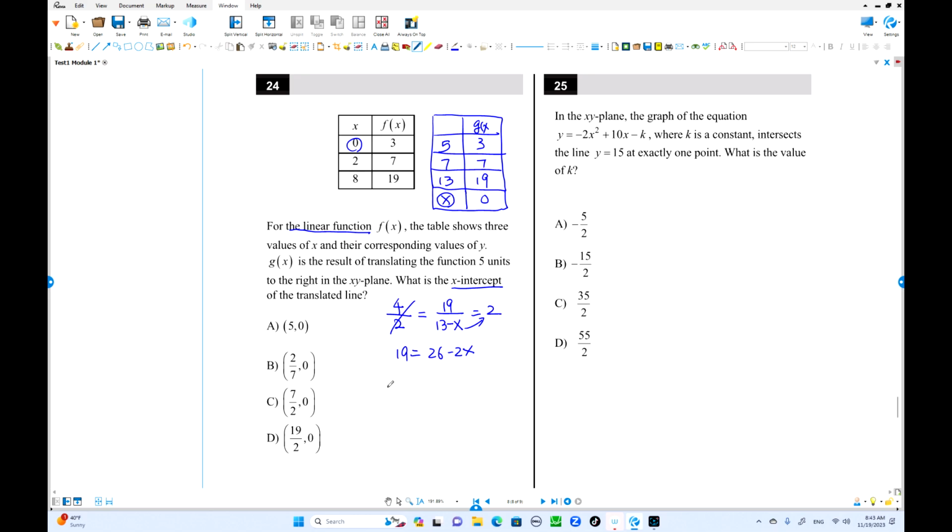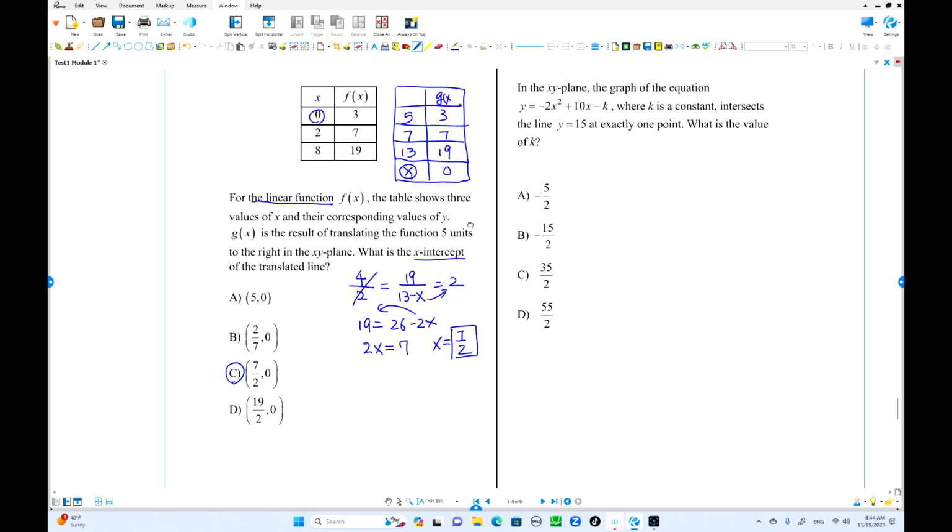Let me see. 7 minus 3, 4. 7 minus 5 is 2. 19 minus 0, 19 minus x. 19 equals 26 minus 2x. Okay, that's fine. 2x is moved to the right. So 19 minus 26 is what? 7, right? So when you divide it by 2, x equals 7 over 2. Okay, 7 over 2 is the x-intercept.